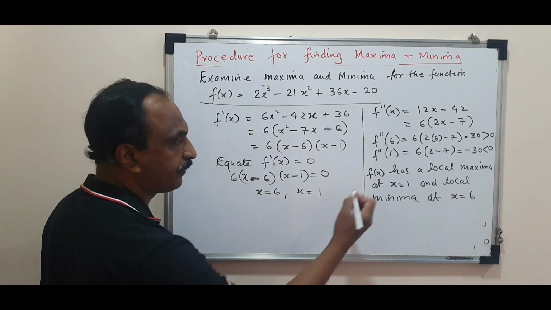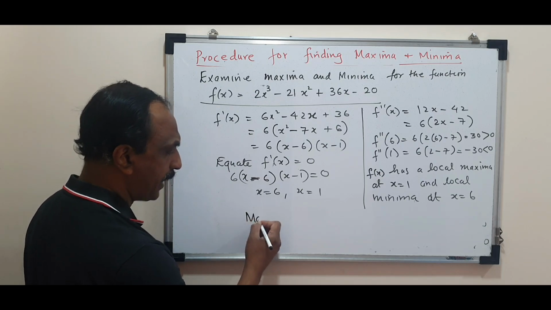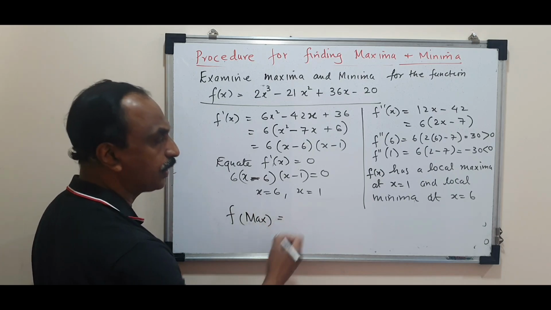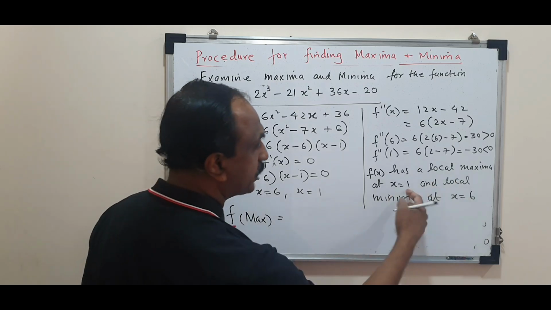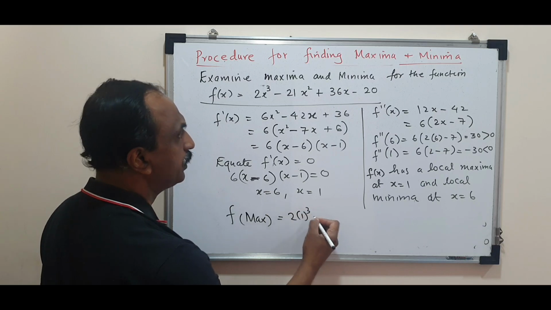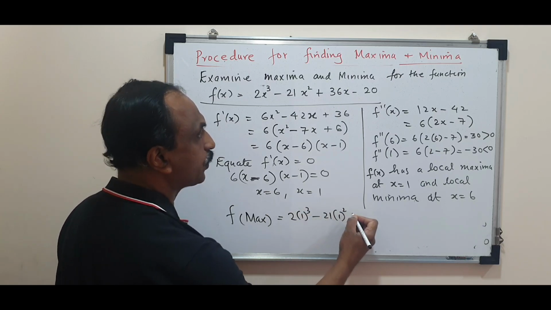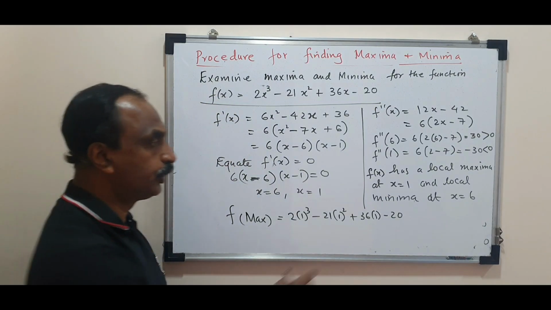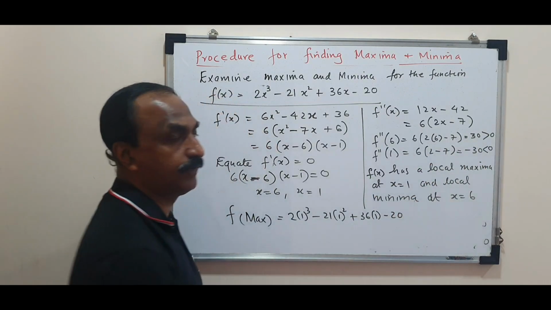So the maximum value of the function, I'll write f max, is equal to the value at x equal to 1. So substitute x as 1: 2 into 1 cube minus 21 into 1 square plus 36 into 1 minus 20. Very important: do not get confused that the second derivative's value is the maximum value.